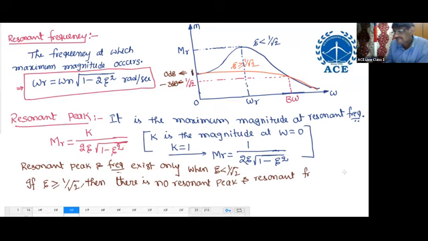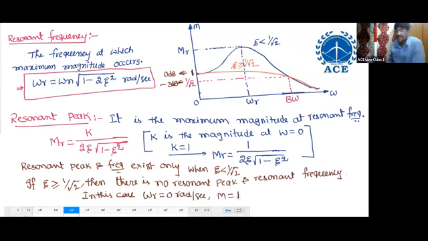In this case, omega R becomes simply 0, no need to calculate, and MR becomes 1. At omega 0, the magnitude is 1, that's why MR becomes 1. If zeta is greater than or equal to 1 by root 2, blindly we can write omega R 0, MR 1.